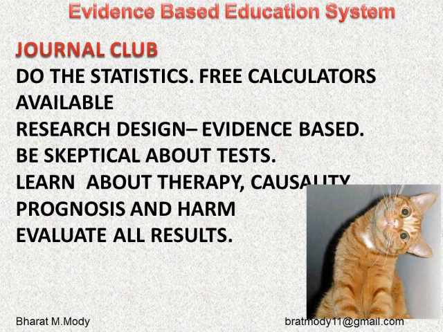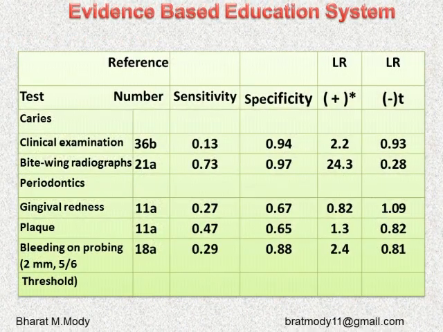And learn about therapy, causality, prognosis and harm, and evaluate all the results in 360 degrees. See to it that you see everything from different angles, so that you are able to grasp the essence of what the statistics and the result of that research is telling you, because you want to apply that to your patient, and that is why it is important.